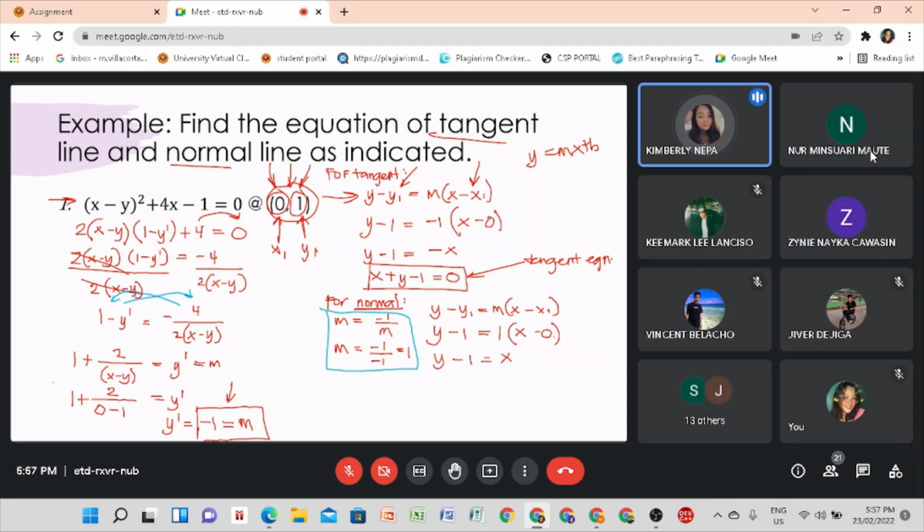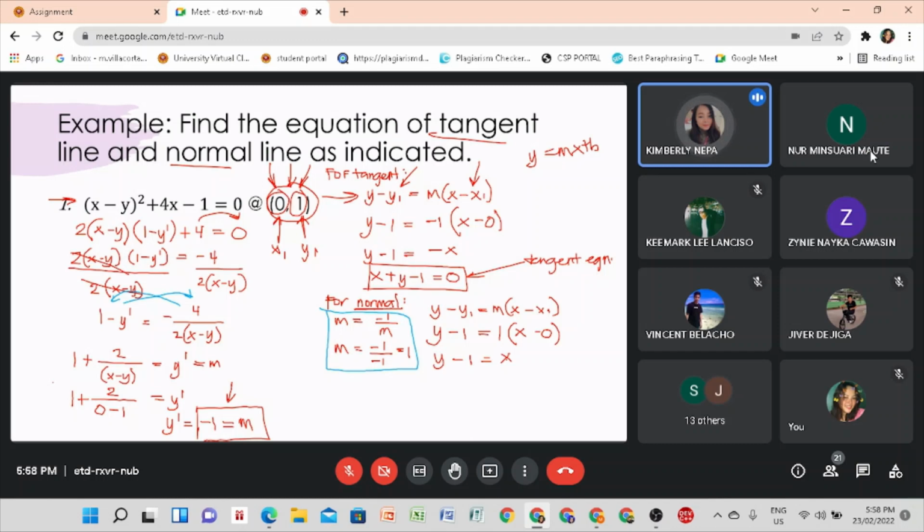And then 1 times 0 is just basically 0, correct? Yes po. Okay, since x is positive, the y minus 1 is the one we move to the other side. If x were negative, it would be the one moved. You understand? So it's possible the answer for x is positive. Okay?